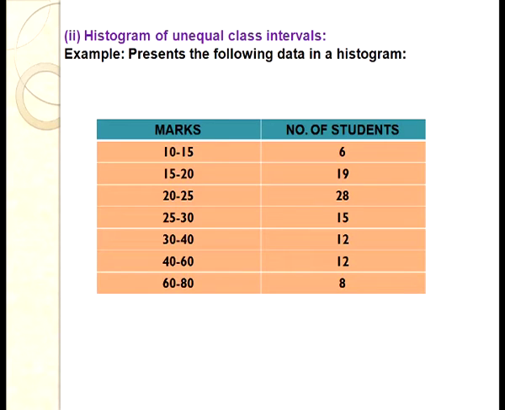But when we read the next classes, 30 to 40, 40 to 60, 60 to 80, the class interval gaps are changing. For 30 to 40 it is 10, for 40 to 60 it is 20, for 60 to 80 it is 20. So I have identified that it is a situation of unequal class interval gaps. And look here also, the upper limit is the next lower limit, so it is continuous.